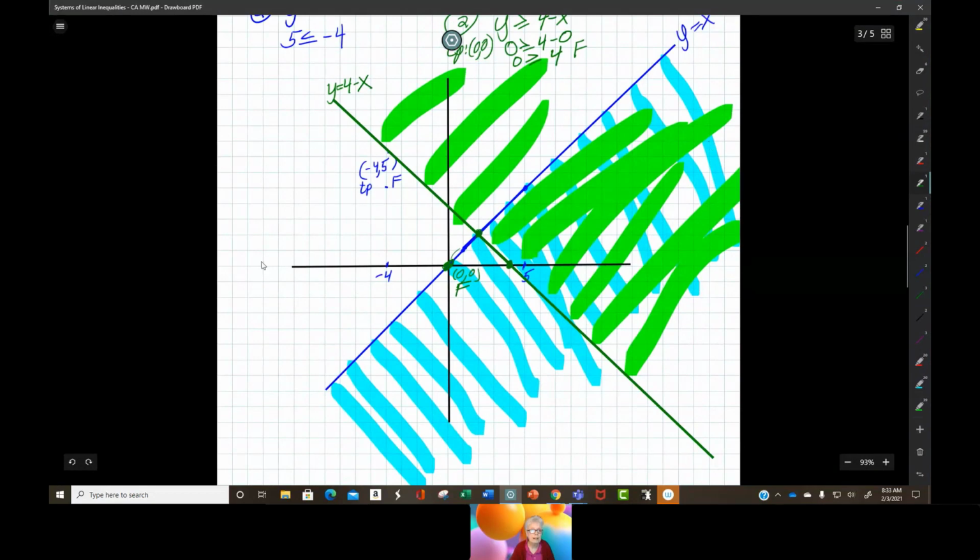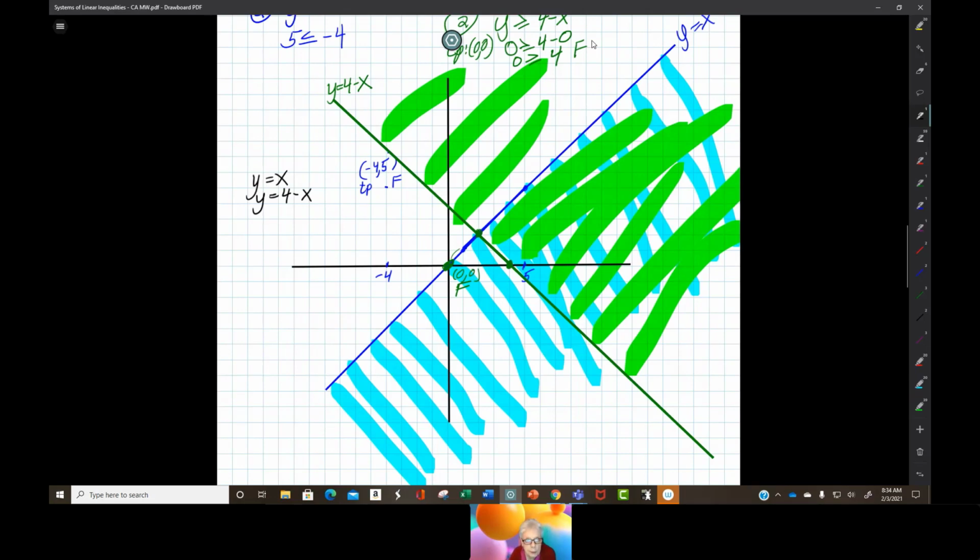I think I'll calculate over here. So we've got y equals x and y equals 4 minus x. Double check. Okay.